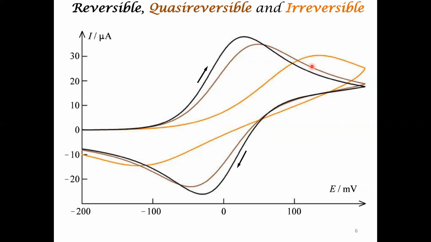That activation barrier for the reduction step is quite high. So that step is irreversible. So you may see lesser and lesser value of current density for the cathode peak. Sometimes you may not even see a cathodic peak at all. You may only see the anodic peak, but there might not be a cathodic peak.